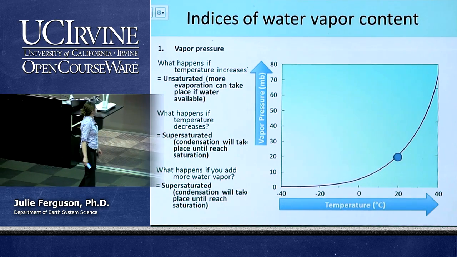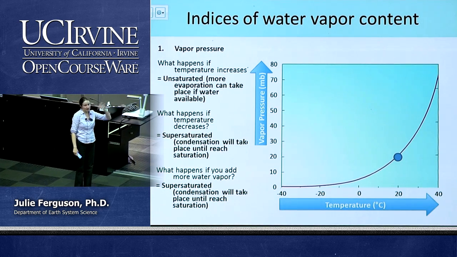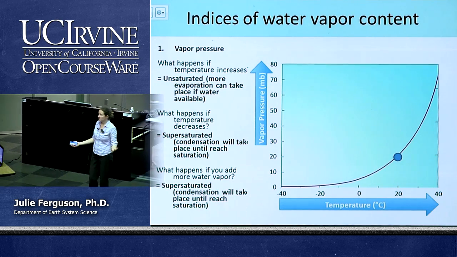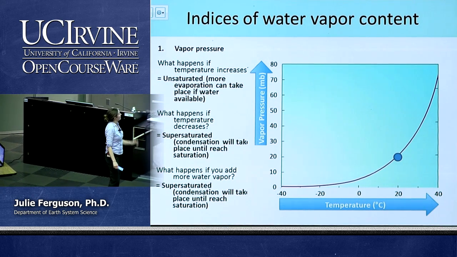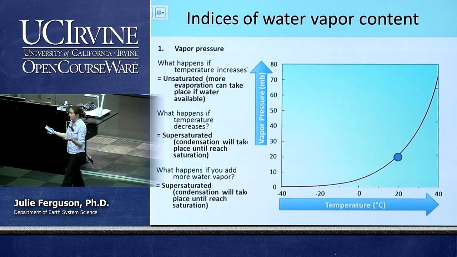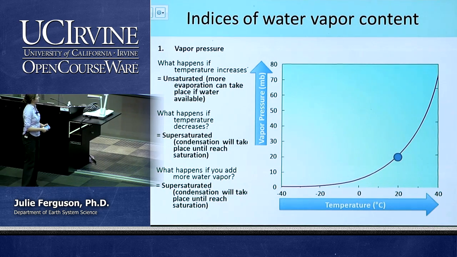So what we can look and say, if temperature increases, okay, so here's my little parcel of air. It happens to be at 20 degrees Celsius. It has 20 millibars of vapor pressure. If I increase that temperature, then more evaporation can take place. And so it's called undersaturated or unsaturated.